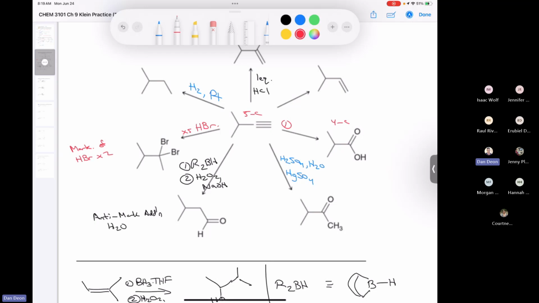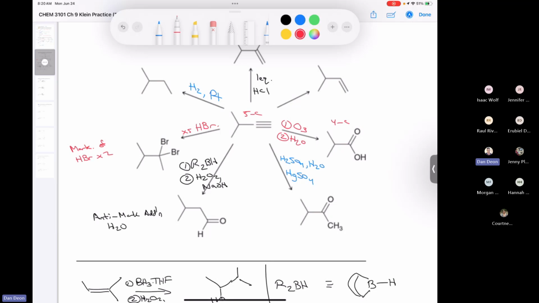We're losing a carbon, but we're ending up with a carboxylic acid. Yeah, absolutely. Thanks, Rubio. Yeah, it's ozone. This is ozonolysis. So the first step is ozone, and then the second step is water when we have an alkyne.